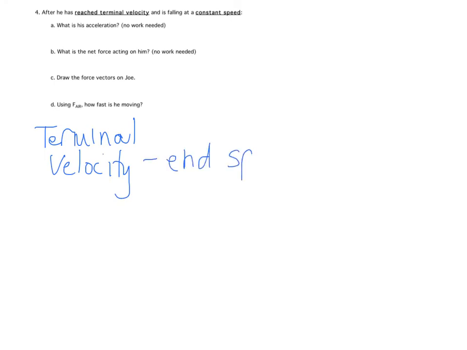Part 4 says, now what happens if Joe, skydiver here, reaches terminal velocity? So there's a little bit of a vocab word here. Terminal velocity means your end speed.